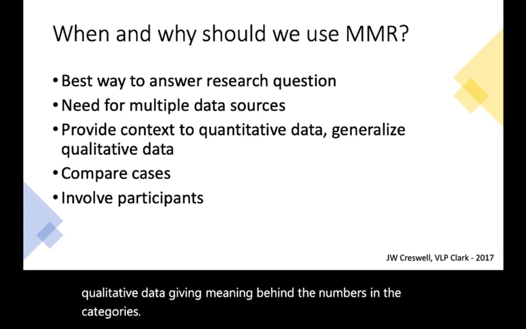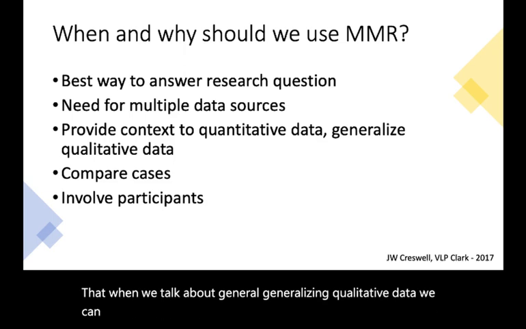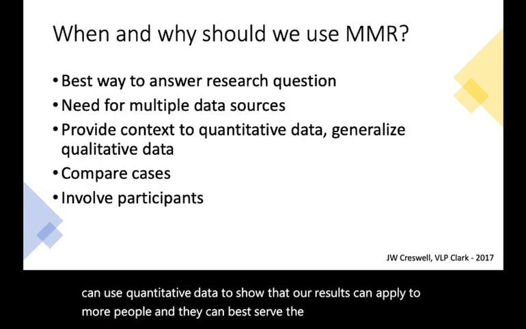When we talk about generalizing qualitative data, we can use quantitative data to show that our results can apply to more people and they can best serve the population being studied.